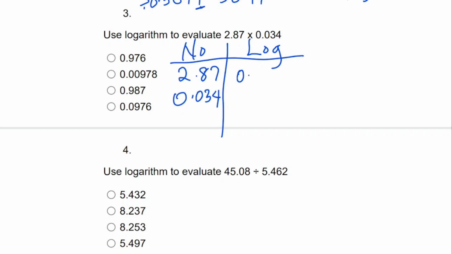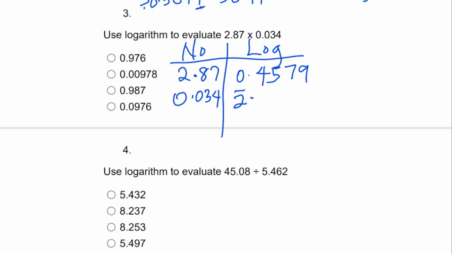We now check 28 under 7, and that is going to give us 4579. So this will be bar 2.